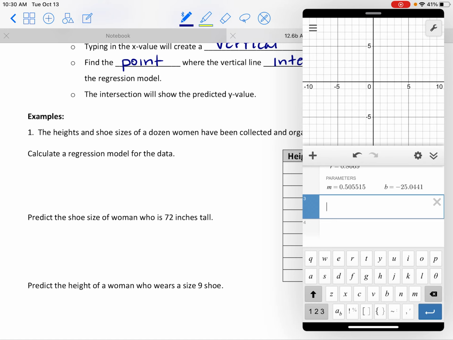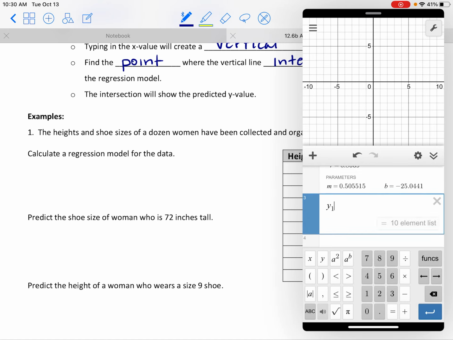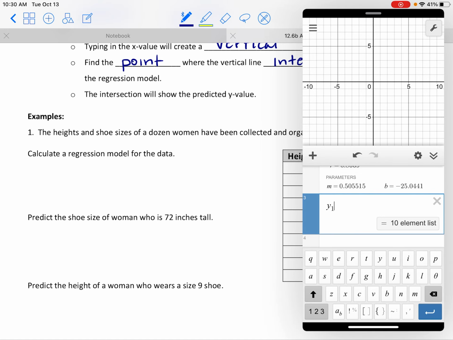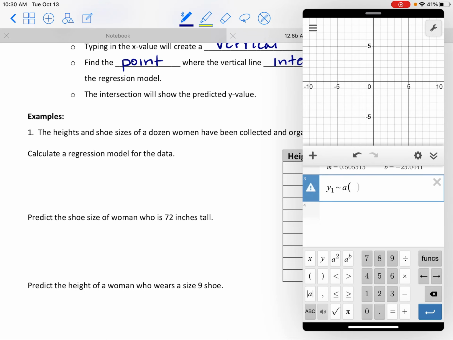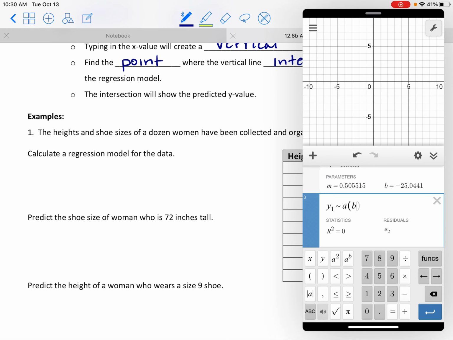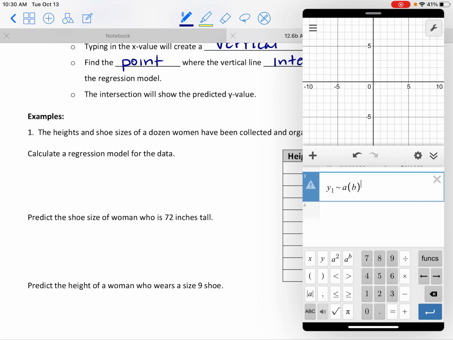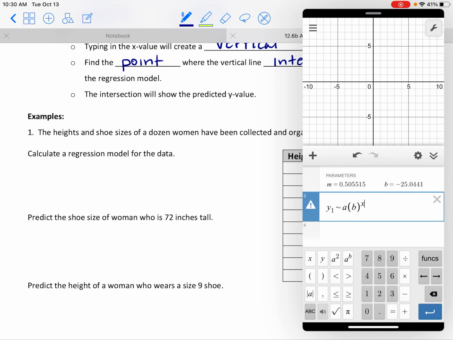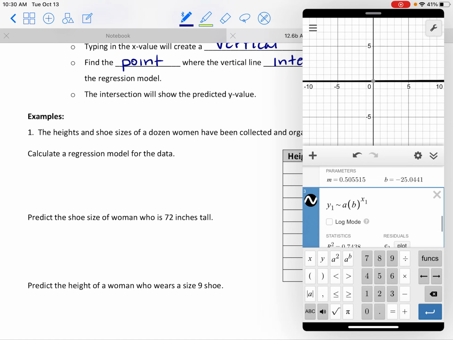Then we have y1 again with a tilde, and this one is going to be a times parentheses b, close the parentheses, raised to the x1 power. And this one's r squared is 0.74.